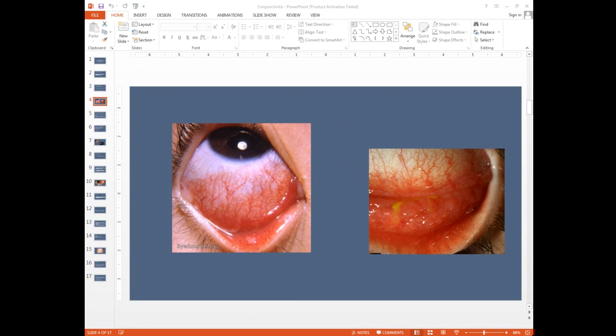So back on slide three, which is the bacterial conjunctivitis slide. Can you see and hear me now? Yes, we can see bacterial conjunctivitis.